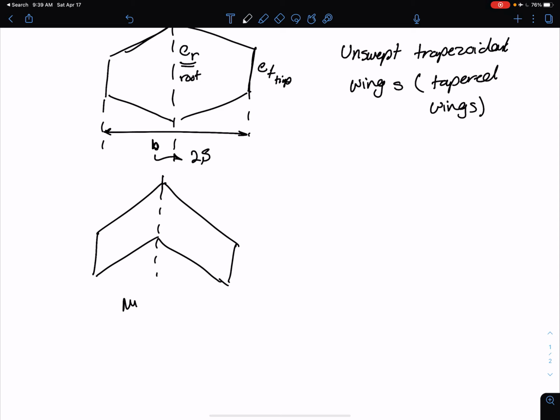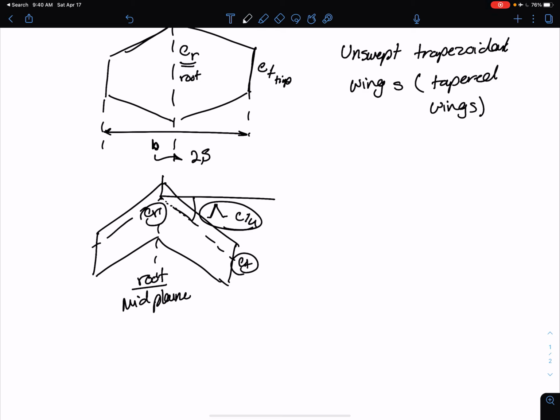You have the midplane or the root again here, root of the wing, CR, CT. They can be different in this case, or they can be the same, doesn't matter. The part that we are focused on here is this angle, lambda.